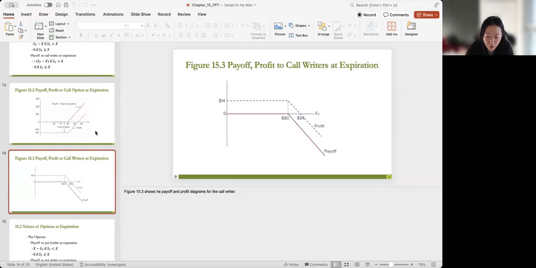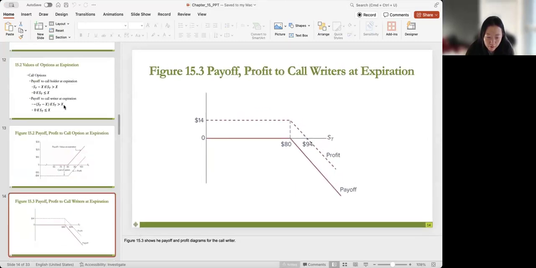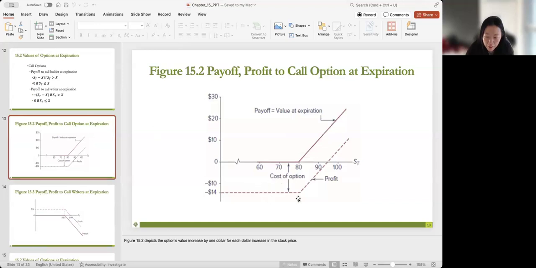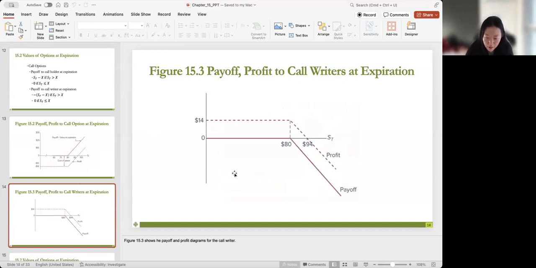So we have a very nice graph to show the changes of payoff along with the changes of stock prices. If we are entering into a buy call position, the upside potential is unlimited, the downside loss is limited. But if we are on the other side, we write a call, sell the call, then the loss will be unlimited if the price is going up.